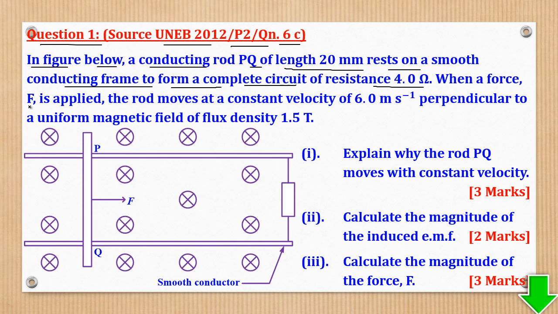When a force F is applied, the rod moves at a constant velocity, note this word constant velocity, of 6 meters per second, perpendicular to a uniform magnetic field of flux density 1.5 Tesla. Roman 1. Explain why the rod P2 moves with constant velocity.